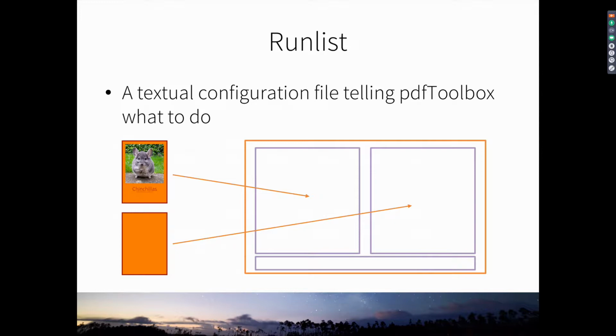And we have some variables for that. You can place text in there. You can take variables that are defined elsewhere in a process plan, for example, or on the command line, and you can place those. You could place the date on there in different formats, and so on and so on. There's quite a bit of capabilities that you can add to this Runlist to tell pdfToolbox how exactly to do this imposition.